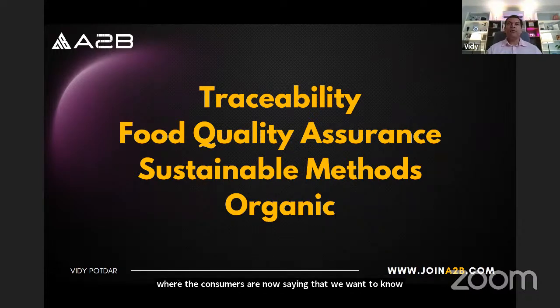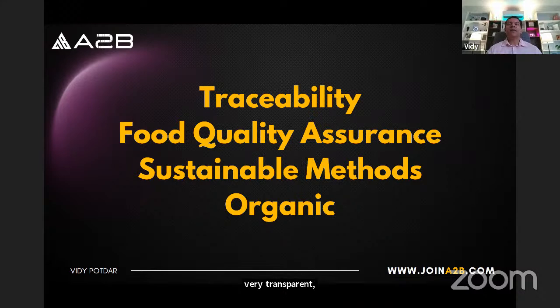Have you used sustainable methods that are good for the environment? That kind of push is coming from the end user or consumer. With blockchain and A2B, you can easily prove your farming methods in a very transparent way.